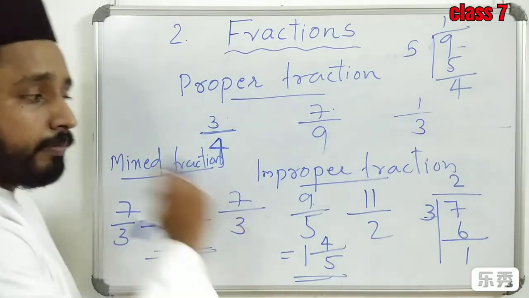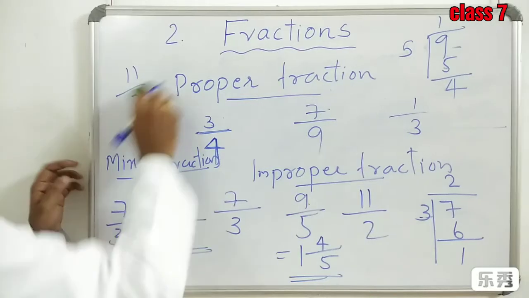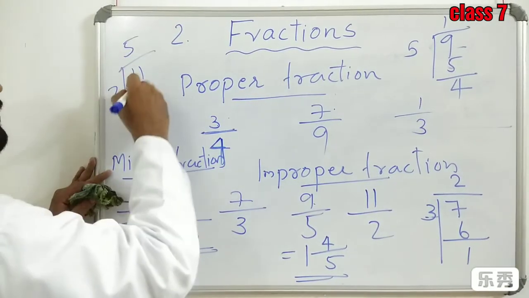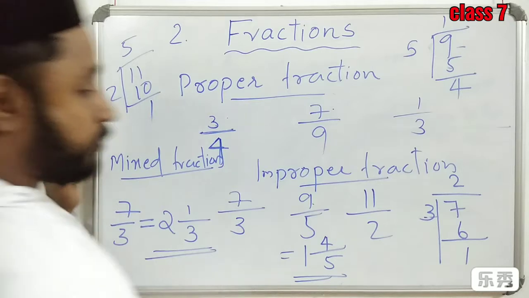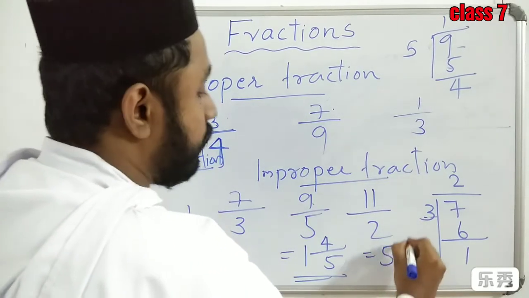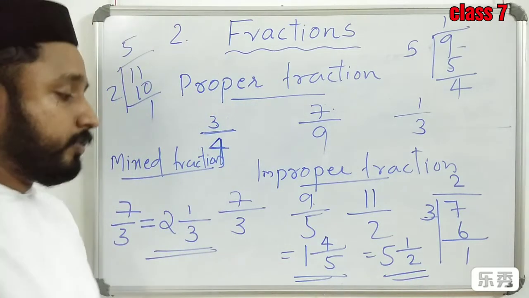This form is called a mixed fraction. 11 by 2: 5 into 2 is 10, remainder 1. So 11 by 2 is equal to quotient 5, remainder 1, divisor 2. So 5, 1 by 2.